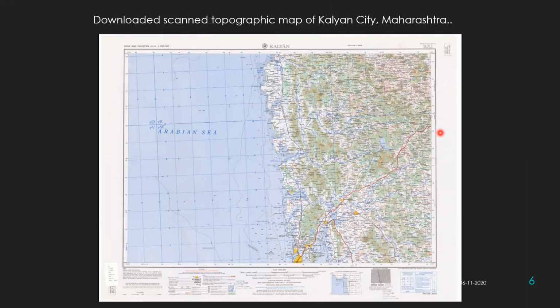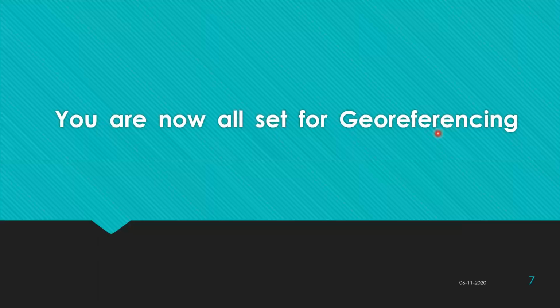This is how the downloaded scanned topographic map of Kalyan city looks. Now that you have the data ready, you are all set up for georeferencing.